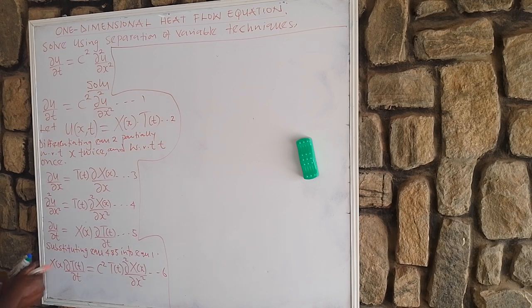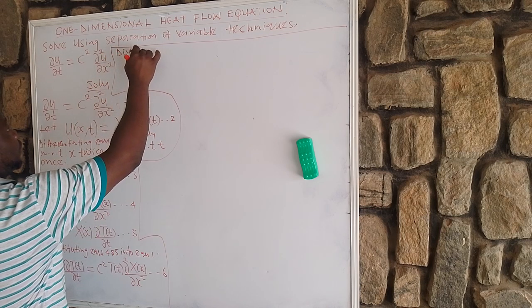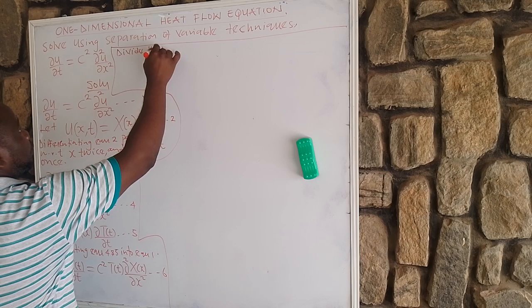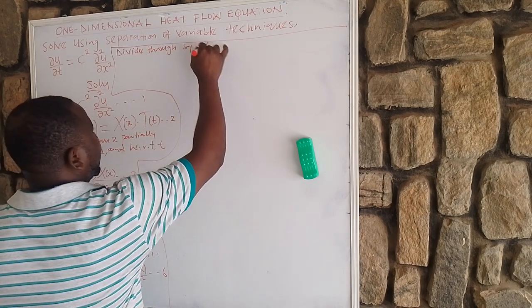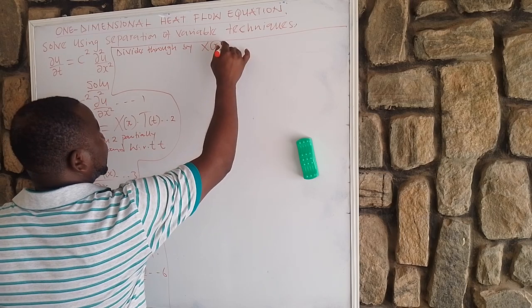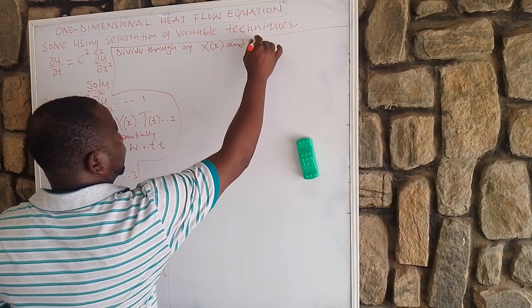Let's write it here. Divide both sides by X of x and T of t.